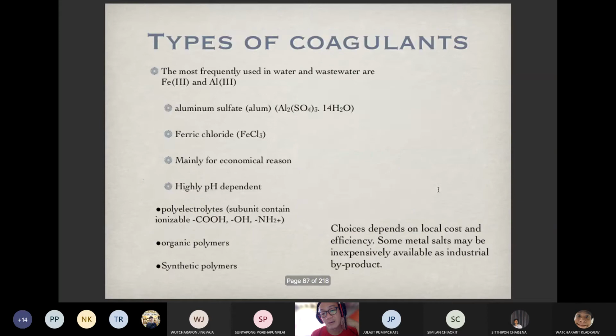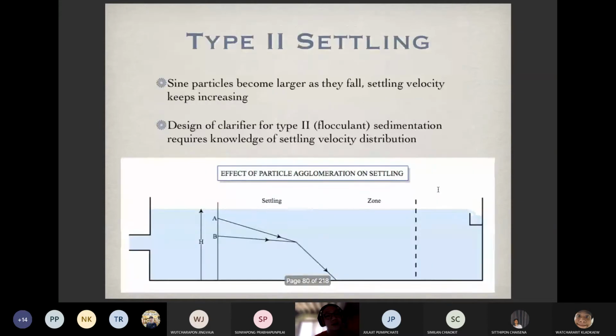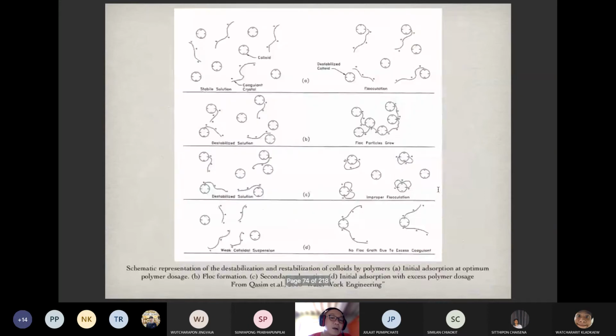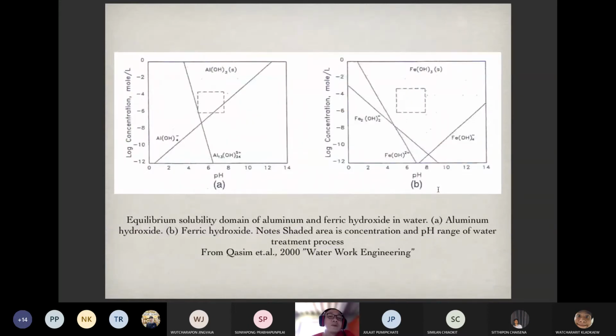For the coagulants that we are going to use in these experiments, we use two types: aluminum and ferric. These are the two coagulants we use in the lab today. For this lab, you have to determine the optimum dose for the alum, then the optimum dose for the ferric, and then the optimum pH for the alum and also the optimum pH for the ferric.